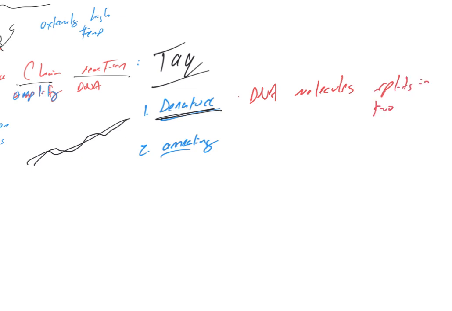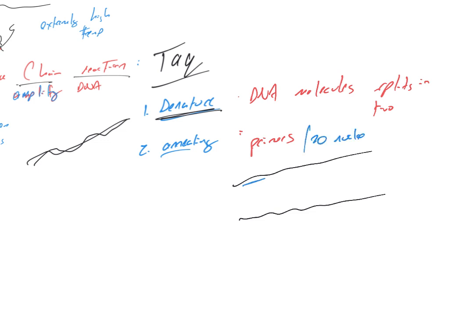Okay? And so now, the annealing, so now we use primers. So now the DNA molecule is split. And I have one primer. A primer is about 20 nucleotides long. So a primer is a small piece of DNA. So I put a primer on this strand. Remember, my DNA is double-stranded. There's two strands here. I have one primer here. I have one primer here.